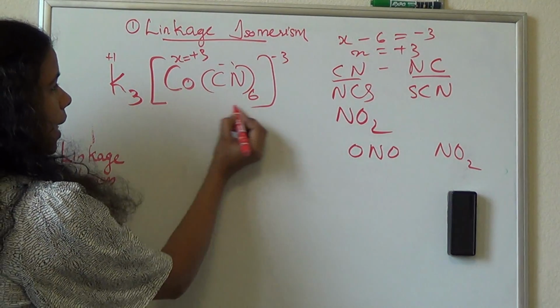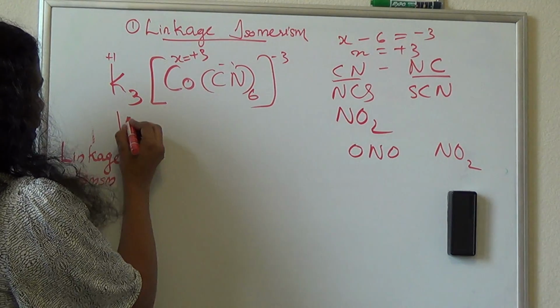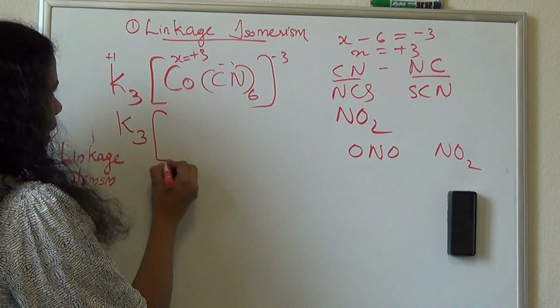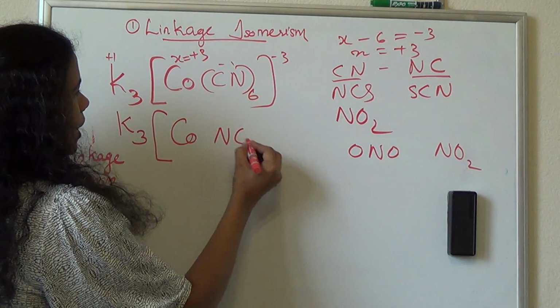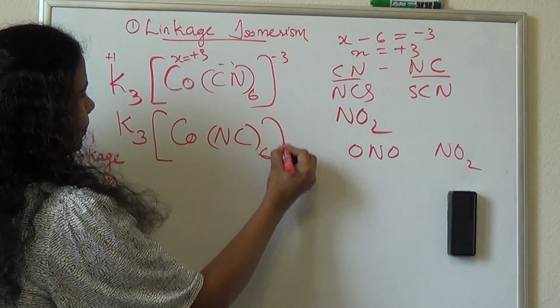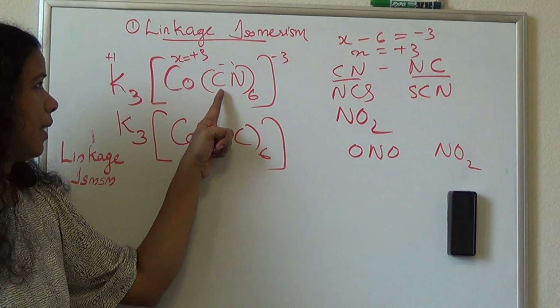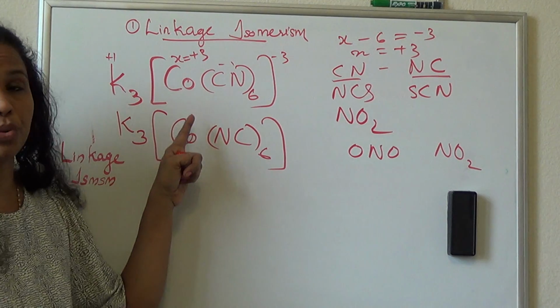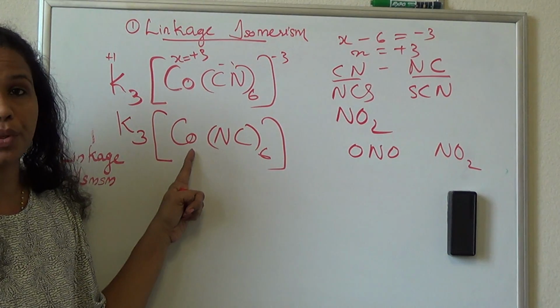Then using the same molecular formula we can write another molecule, K3[Co(NC)6]. Everything is the same, but the only difference is that here the carbon is attached to the cobalt, but here nitrogen is attached to the cobalt.